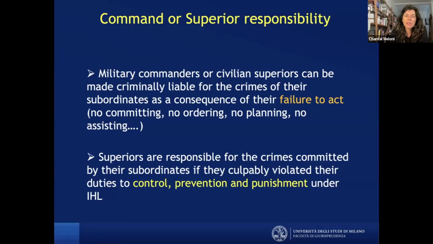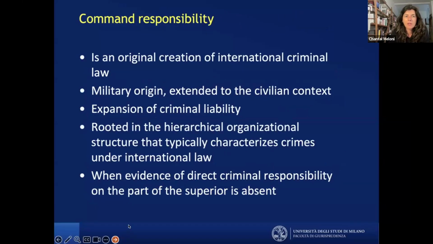So superiors are responsible for the crimes committed by their subordinates if they violated their duties to control, to prevent, and to punish. And these duties are directly imposed by international humanitarian law in the first place with regard to the war crimes that we are talking about.